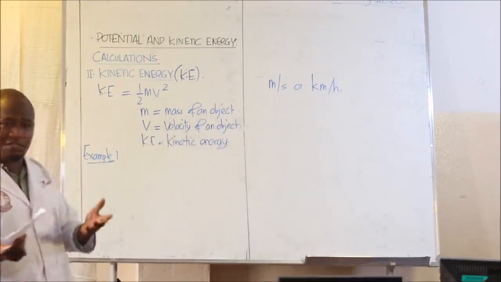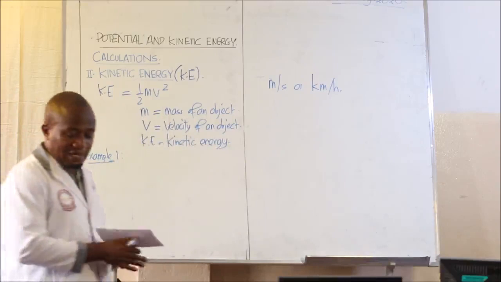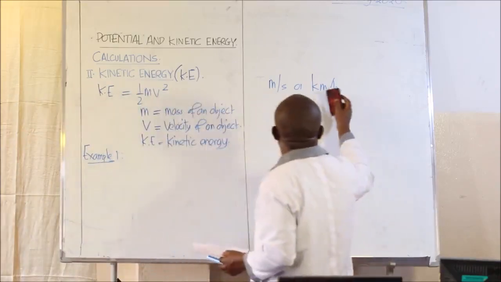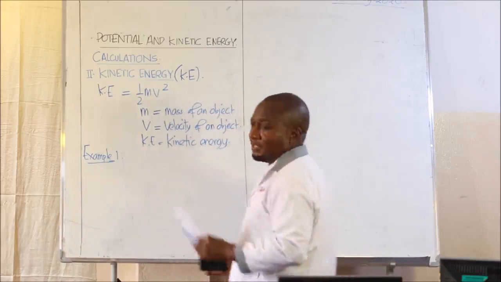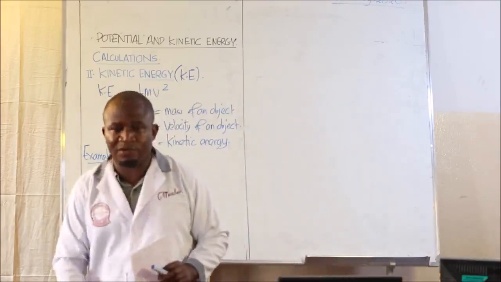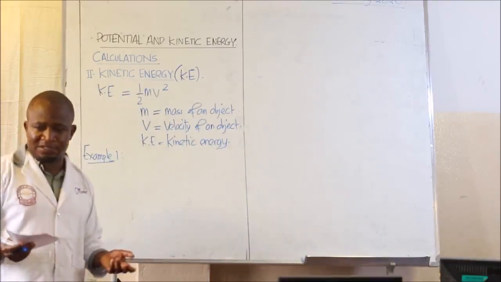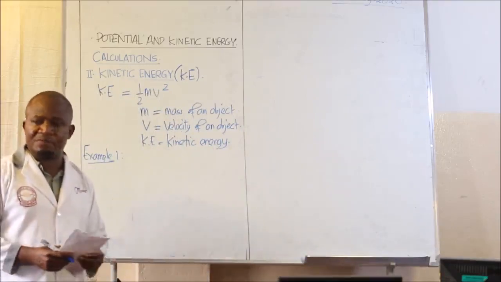These are the units of velocity, just the same as speed. And the kinetic energy itself is in joules. Very important to remember. Units are of very basic importance to know and to be remembered.